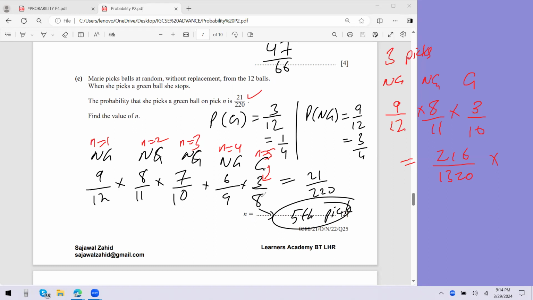Why 3 over 8 and not 3 over 12? Because it's without replacement, so 4 balls have already been taken out. That turned out to be exactly 21 over 220. So it's the fifth pick that will give you 21 over 220. That's a tricky and important part. Any question you can ask.